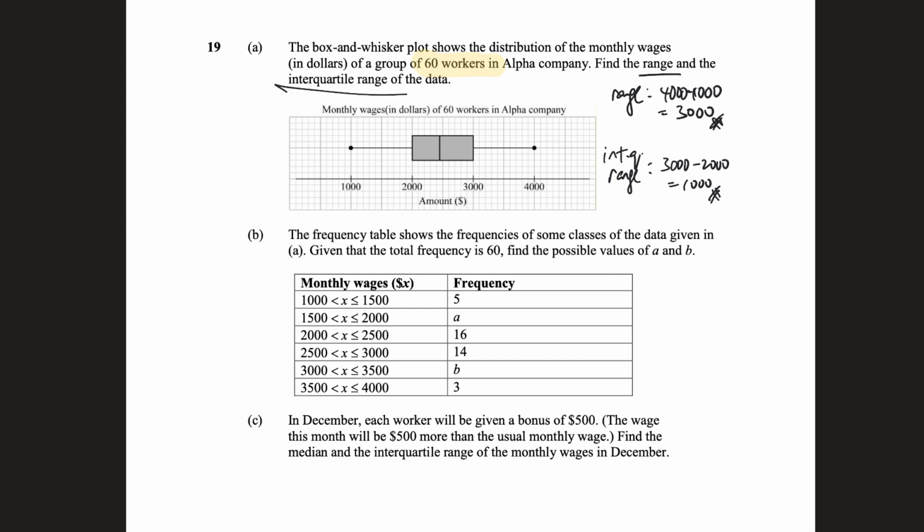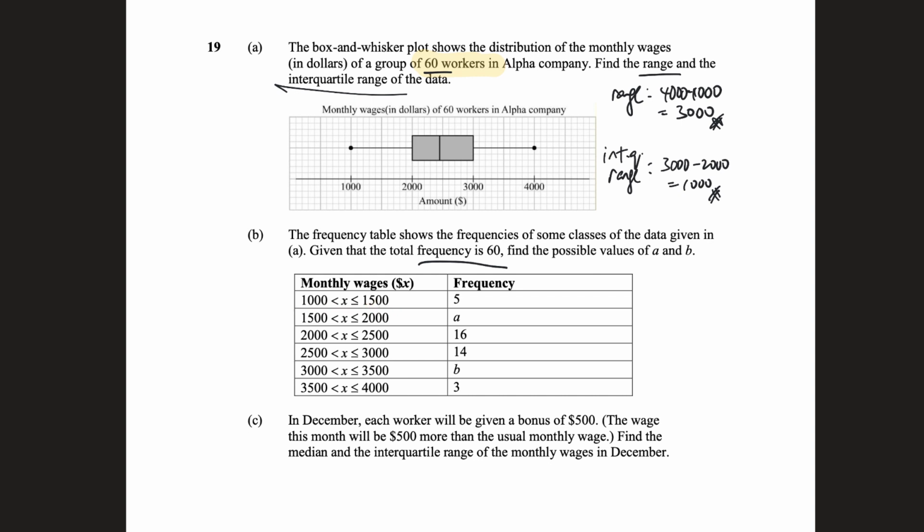The frequency table shows the frequencies of some classes of data, and the total frequency is 60. That means, because there are 60 workers, there are 60 times that you collect data. Let's see what the table means. Five frequency means 5 workers have monthly wages between 1000 and 1500.